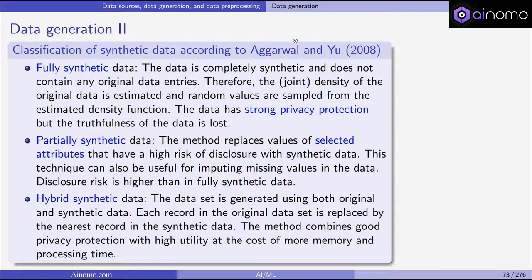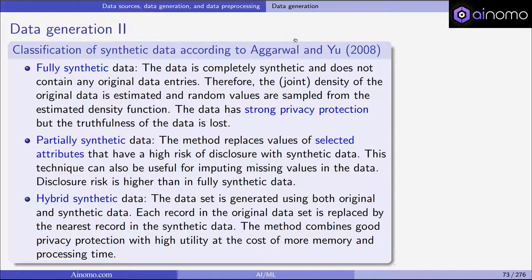Now, with partially synthetic data, the second possibility, we replace values of selected attributes that have a high risk of disclosure with synthetic data. In the very simplest case, we could replace the first name and the surname of our observations, for example, when it comes to credit card data.